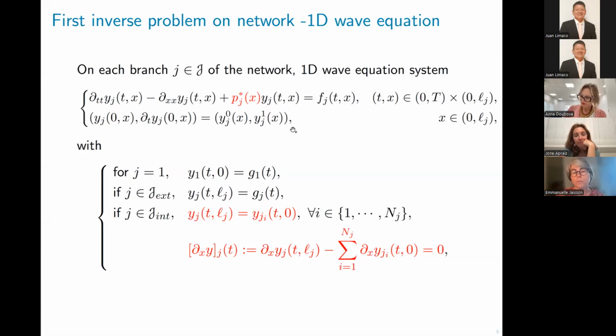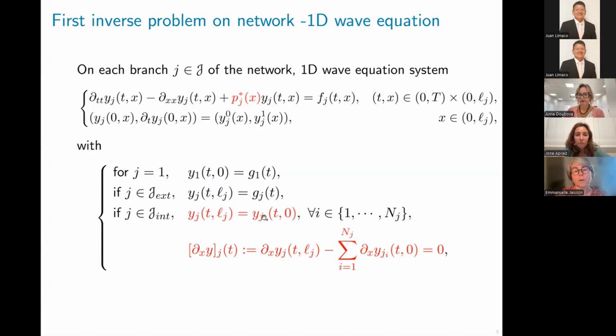You must have some boundary conditions. On the external nodes, first on the root node, you have a Dirichlet condition, and at the other external nodes, the leaves of your tree, you also have a Dirichlet condition. For the internal nodes, you have transmission conditions.